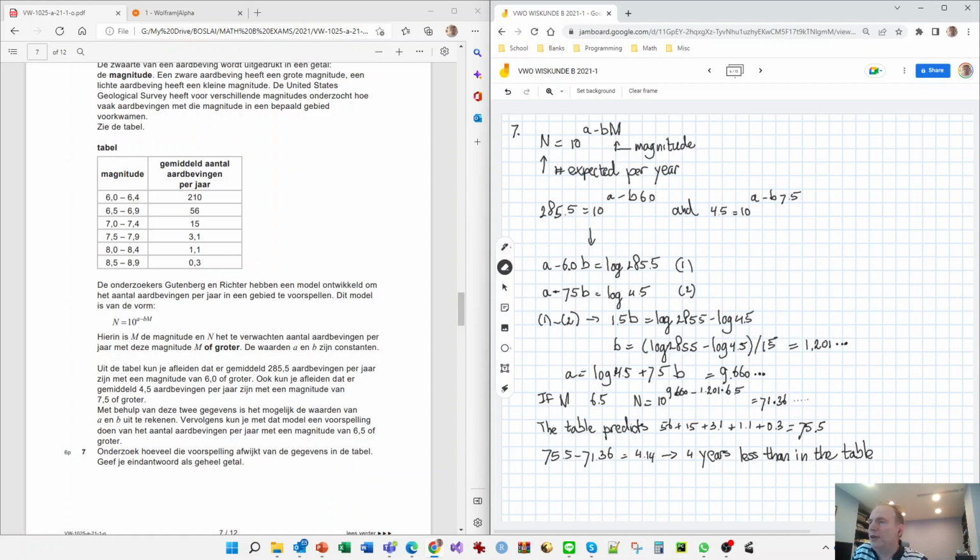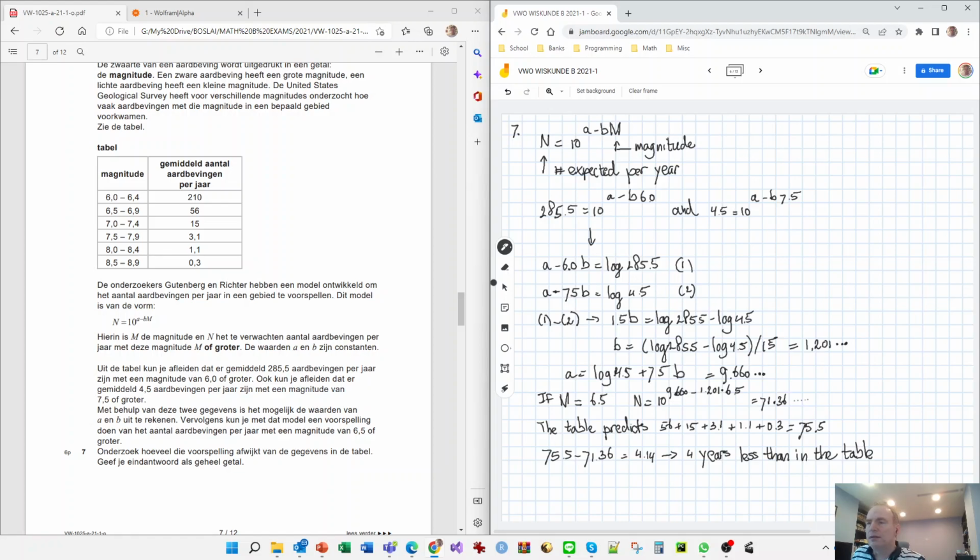I should say if m is 6.5, then n would be the number of earthquakes with magnitude 6.5 or higher. So substitute in our equation for n. A lot of calculator work. You get 71.36.